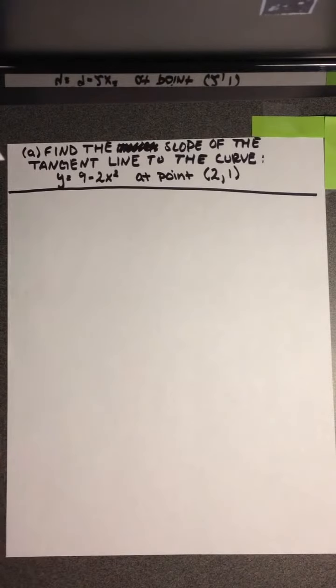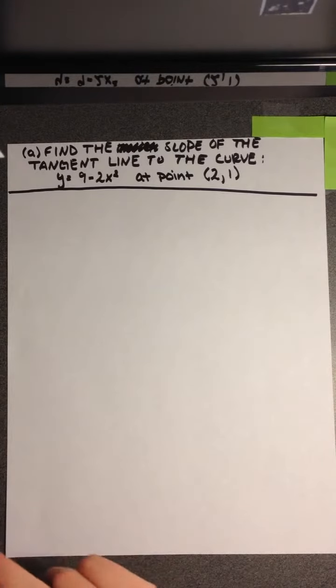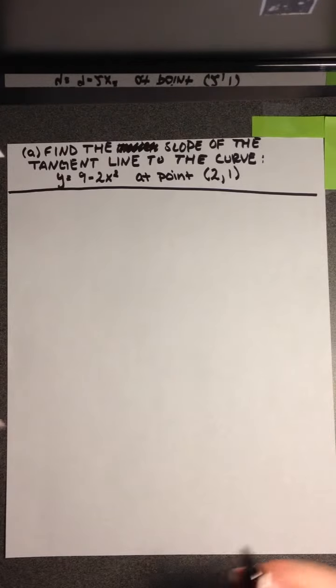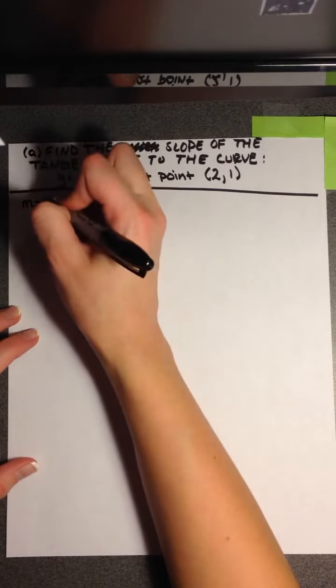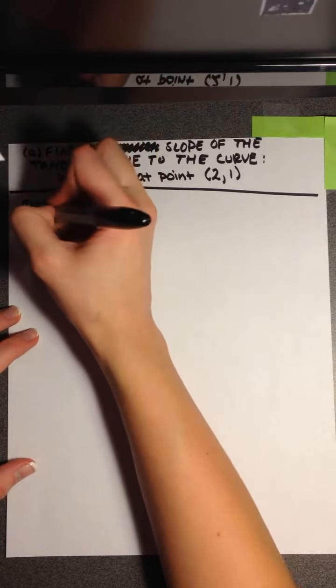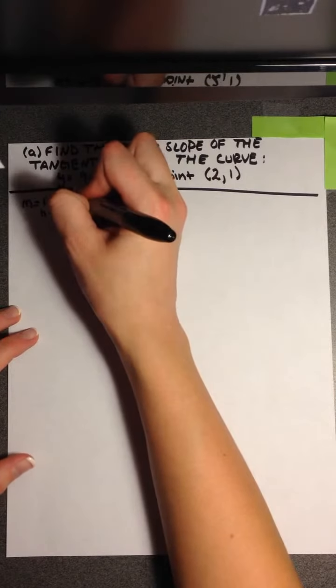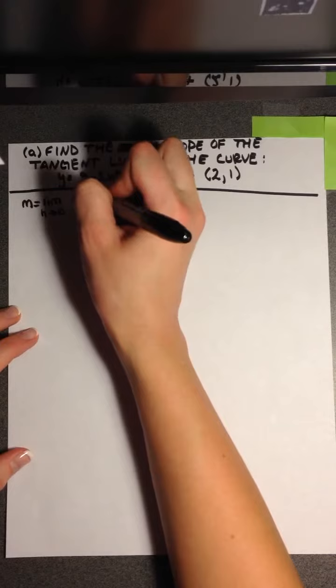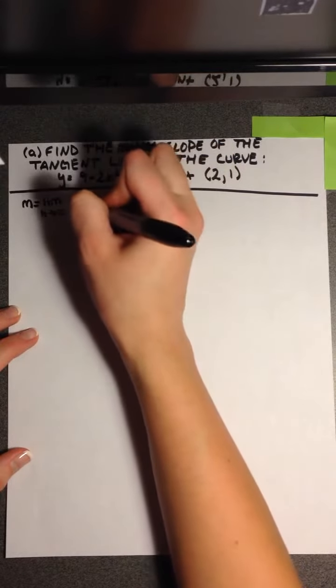They gave us the equation of the curve, y equals 9 minus 2x squared, at the point (2, 1). As we learned in Chapter 2, Section 7, one way to express the slope of a tangent line to a curve is m, or our slope, is equal to the limit as h approaches 0 of f of a plus h minus f of a, all over h.